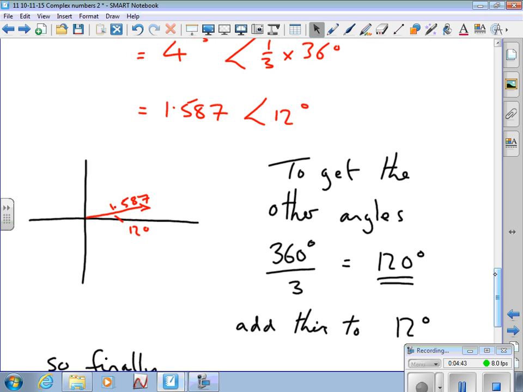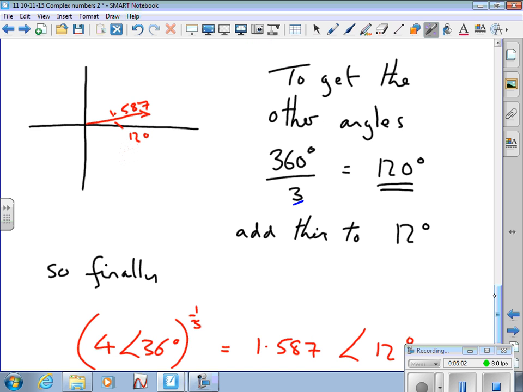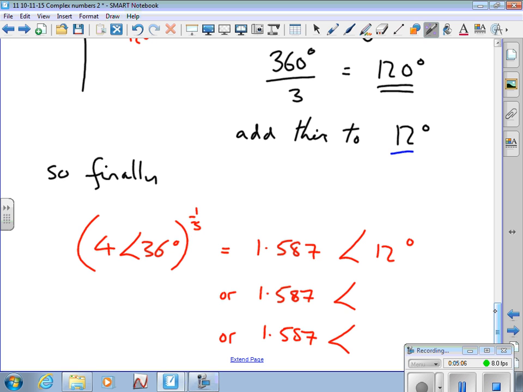And so if I've got to work out what the other angles are, I've worked out the first angle, 12 degrees. So to get the other angles, I take a complete turn, 360 degrees, or if I was working in radians, 2 pi radians, and divide that by 3, 120 degrees, and then add this to 12 degrees once to get the first angle, and then again to get the second angle.